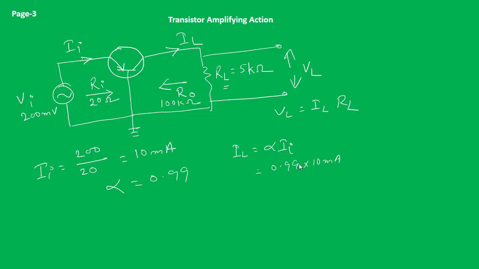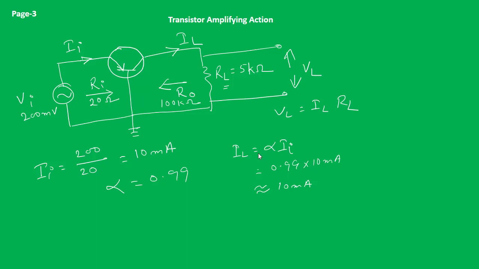It will be more or less the same. Exact calculation, you can pause the video and do that. Just for simplicity I am writing it as equivalent to 10 milliampere. It may come around 9.9 milliampere, but it's okay. We are just keeping the calculation simple for understanding.